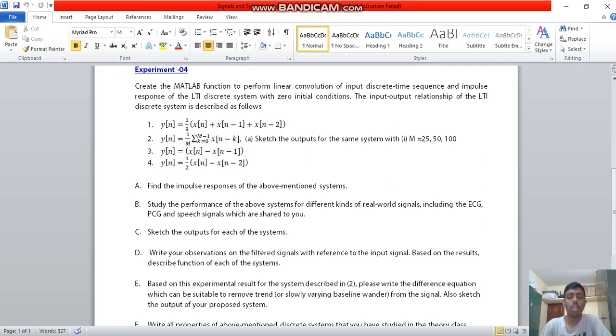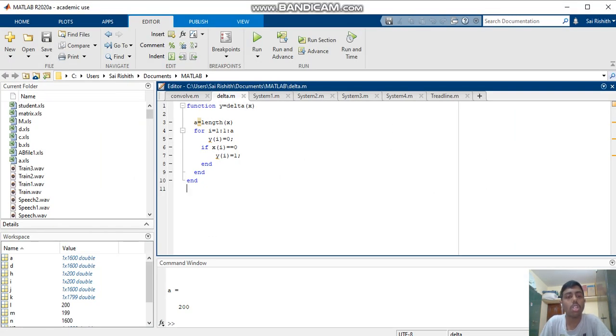So let's see the program. I created a delta function here. Here you can see I am giving an input array and also giving an output array where the value of the array is 1 at 0 and the remaining values are 0.